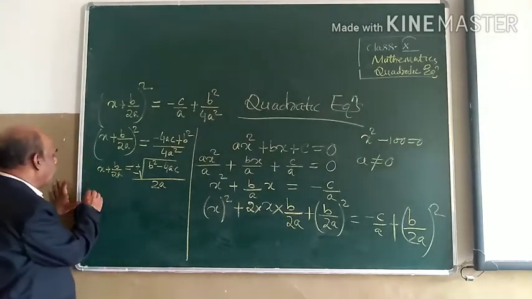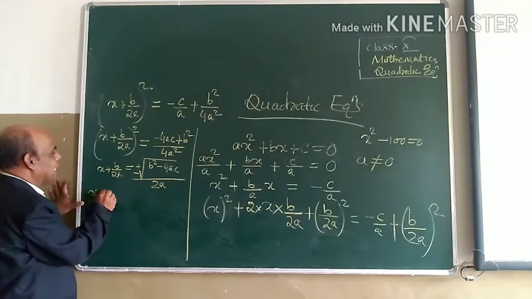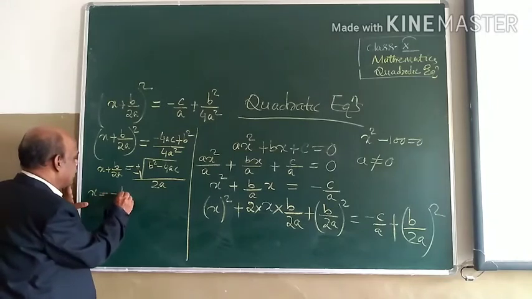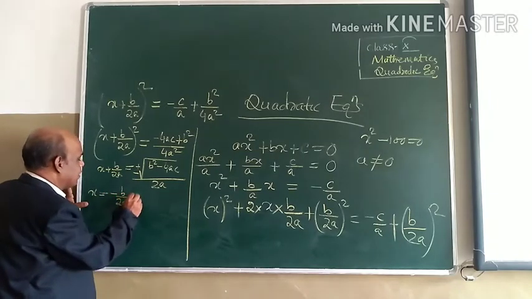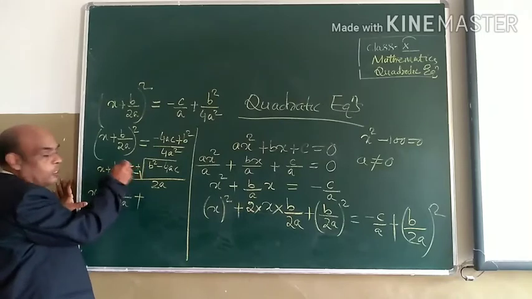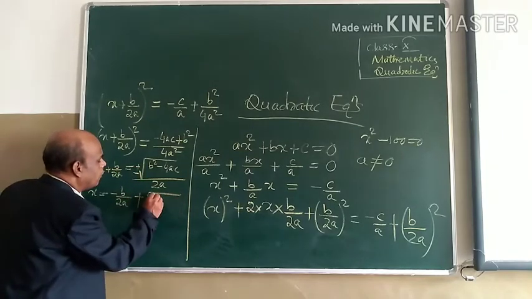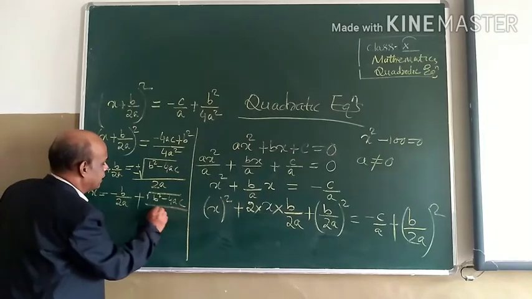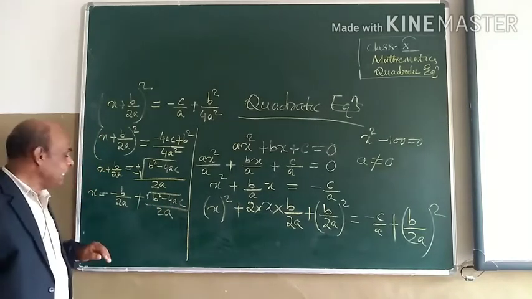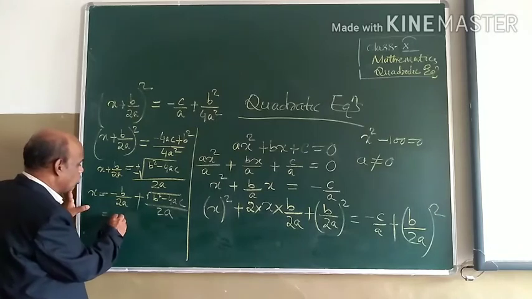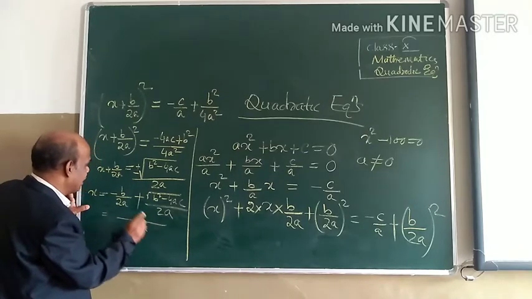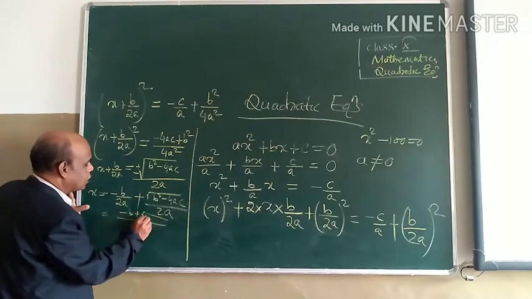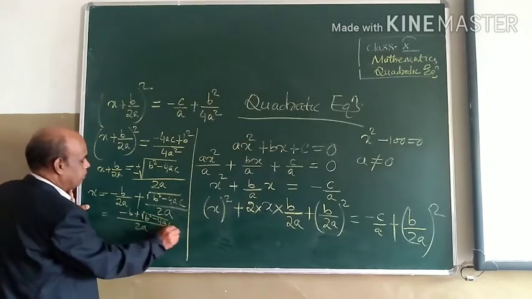So now you got the x value: b by 2a will come to this side, so minus b by 2a, then plus, take the plus value, root over of b square minus 4ac, divided by 2a. Simply, 2a is the LCM, so ultimately minus b plus root over of b square minus 4ac, all over 2a.